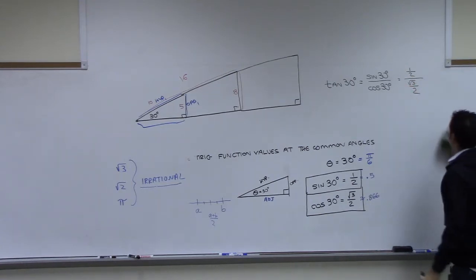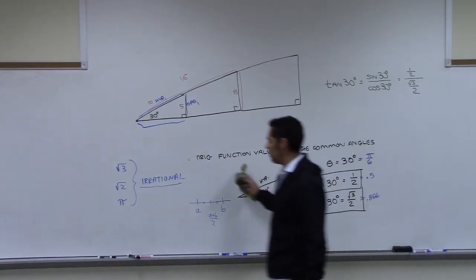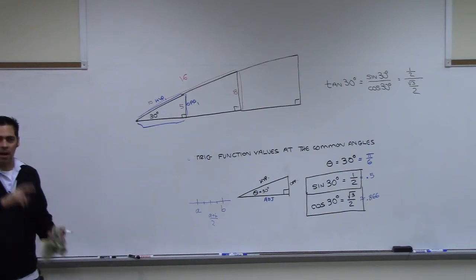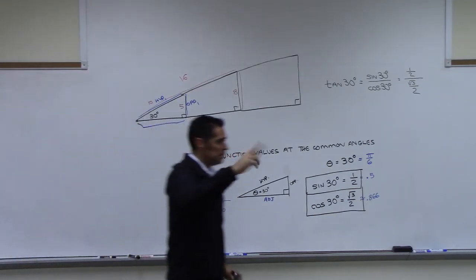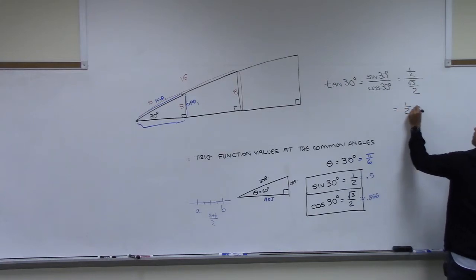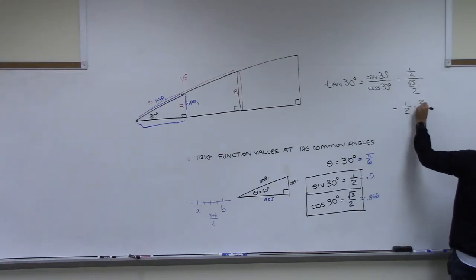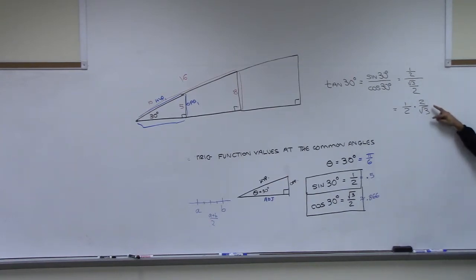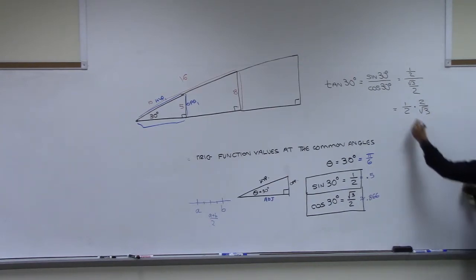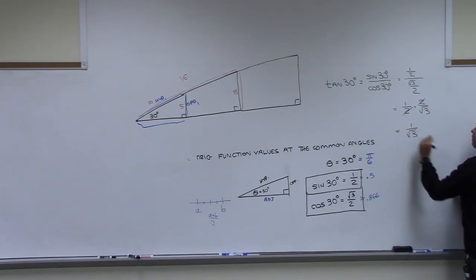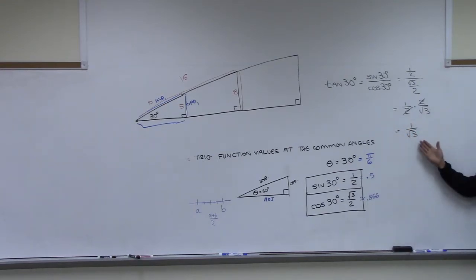And now begs the question, how do you divide 2 fractions? Multiply by the reciprocal. So this means you take 1/2 and instead of dividing by that, you multiply by 2 over root 3. So division is the same as multiplication of the reciprocal. The 2's cancel, and you get 1 over root 3. That is a correct answer.